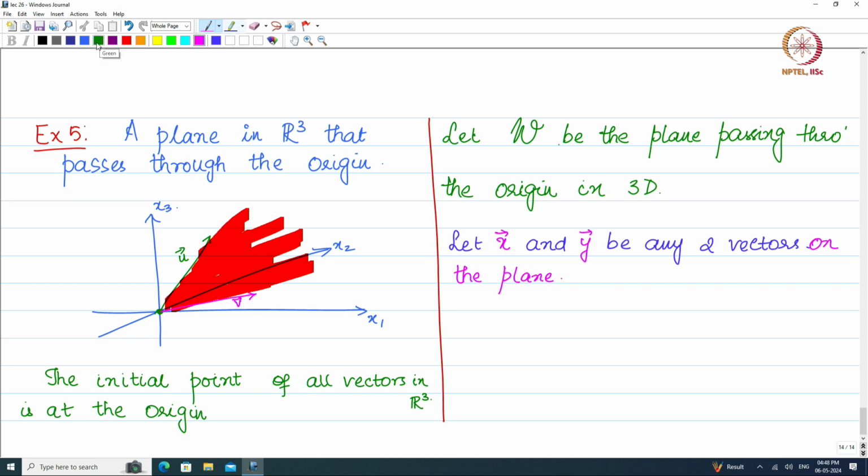So, the moment we say it is a plane, the vectors are in the plane, the parallelogram formed by x and y is entirely in the plane.